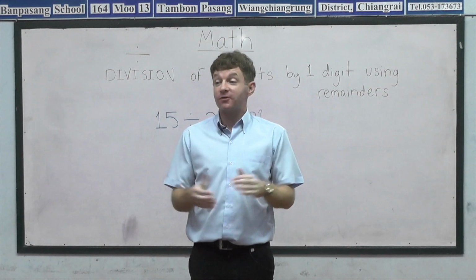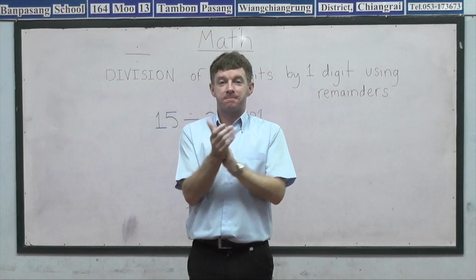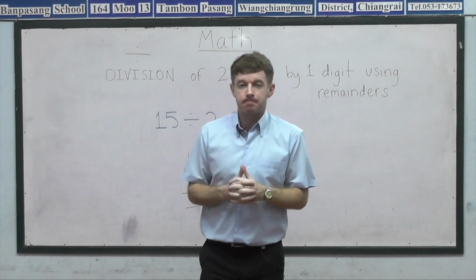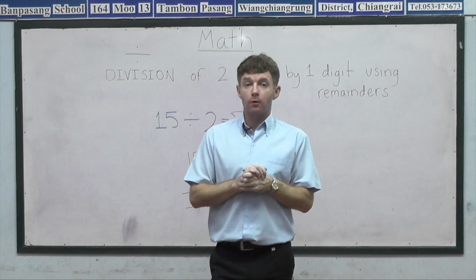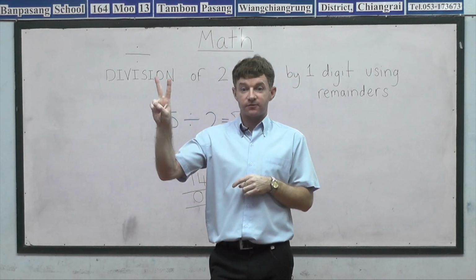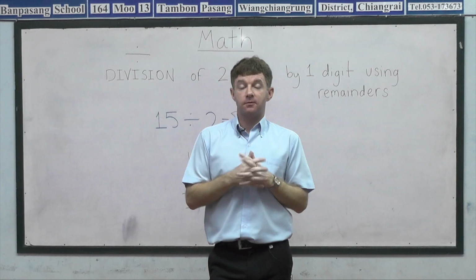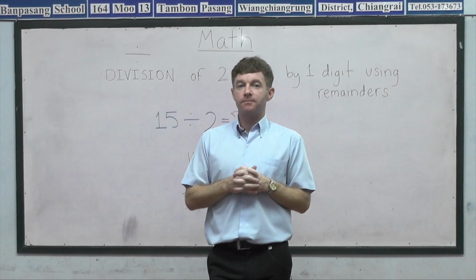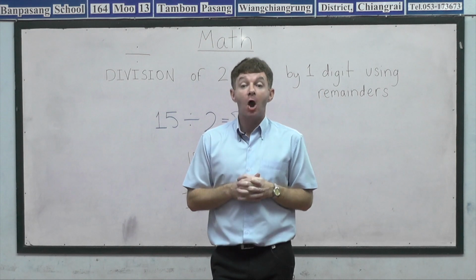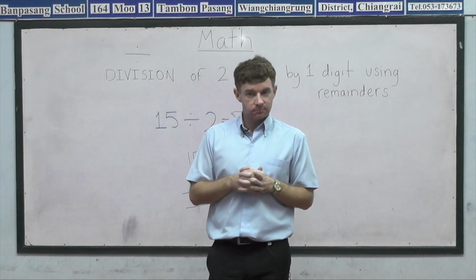And round of applause for everybody for remembering well. And now we're going to move on. We're still going to look at 2 digits by 1 digit. But today we're going to learn to use a different system, and this system is called long division.